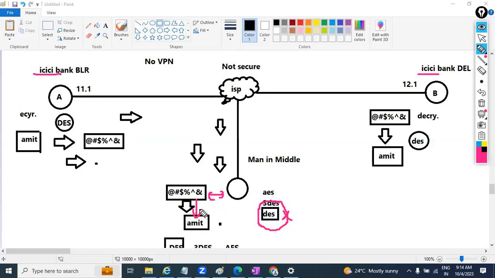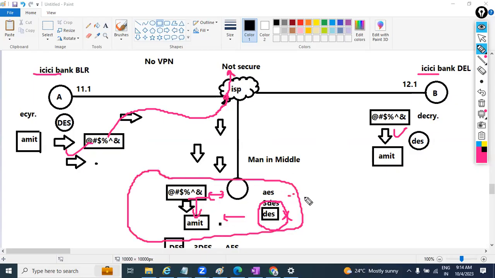This is one of the problems here. You are happy, but you cannot be happy for long, because after 10 minutes he is also able to decrypt the data. So how can you say that this encryption concept is secure over the ISP? Then what is the use of this? Is this problem clear or not? I'll give you the solution now, but first just tell me whether the problem is clear.